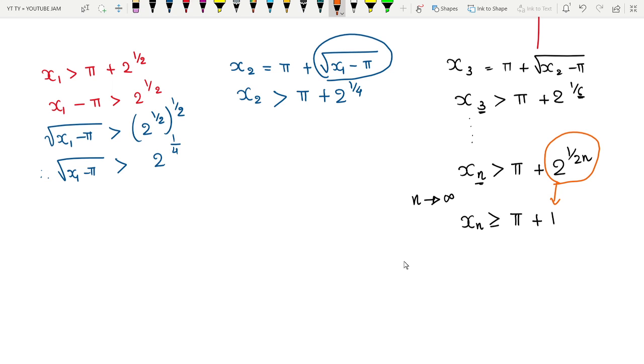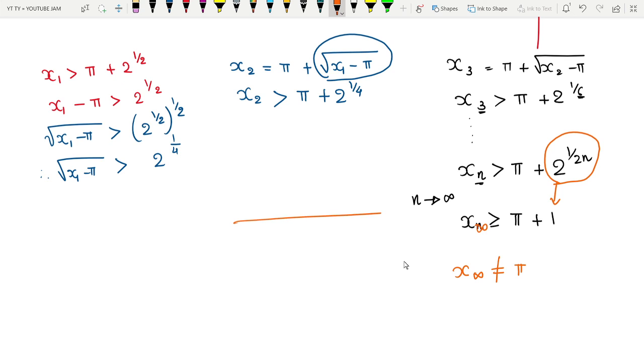So as my n tends to infinity, this x infinity would be greater than, or it would be very close to pi plus 1. It would be definitely close to pi plus 1, but it could not go below pi plus 1. It might be something greater than pi plus 1.